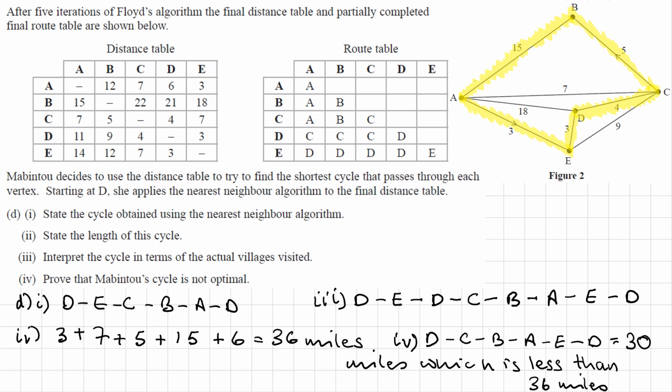So I can simply write down that route that I've found, D, C, B, A, E, D, is equal to 30 miles, which is less than the 36 miles that Mabintu found previously using this nearest neighbour algorithm.